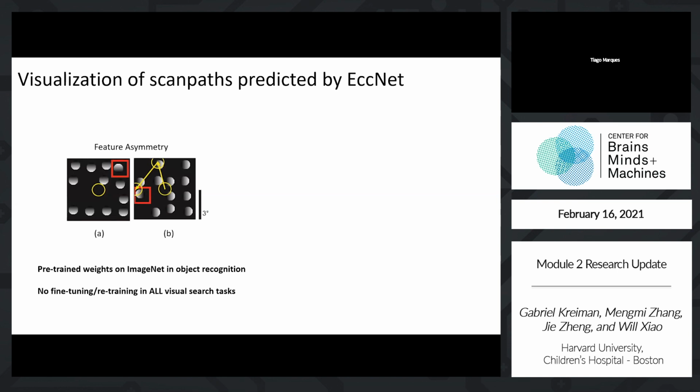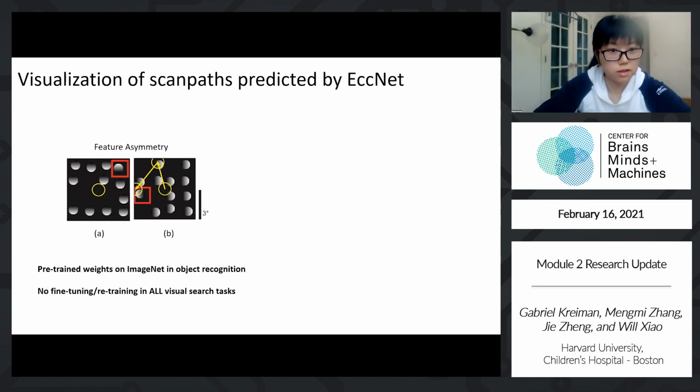Let me rephrase to make sure I understand. You're asking if we retrain this model using rotated images from ImageNet, would this asymmetry effect be different? This question is fantastic because I personally think this asymmetry somehow inherits from the object recognition task. We haven't tested this, but I think this is an interesting experiment that we should definitely try.